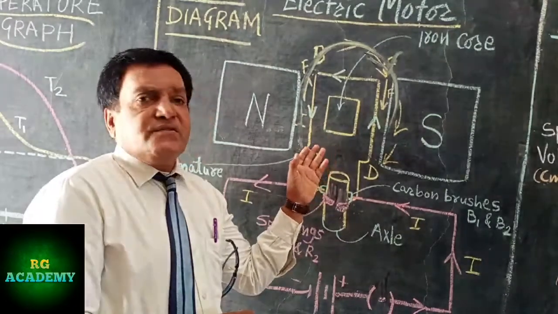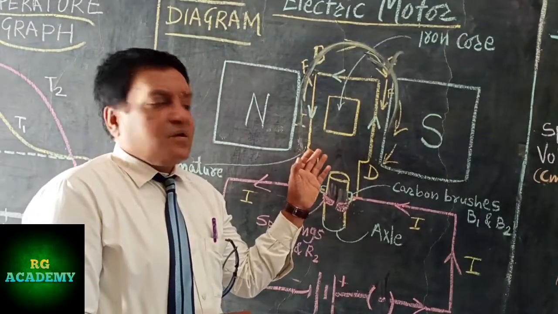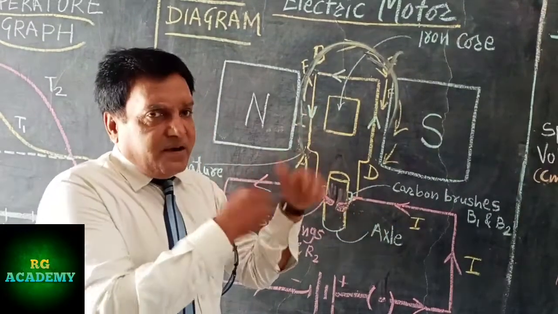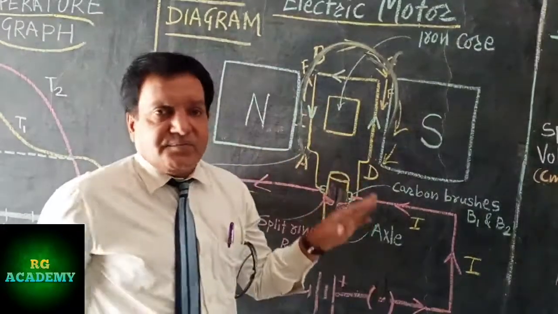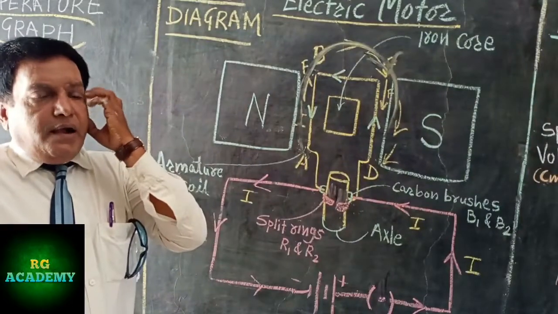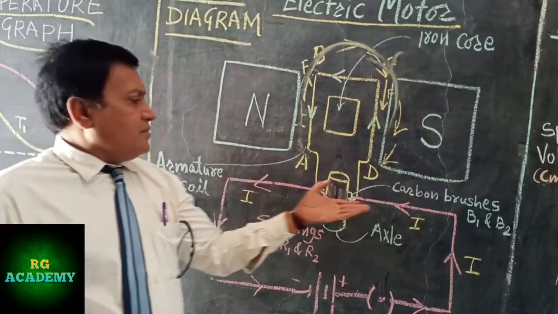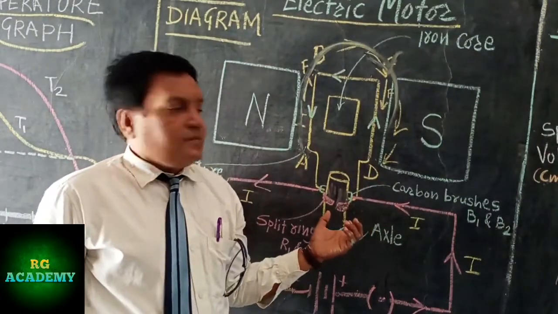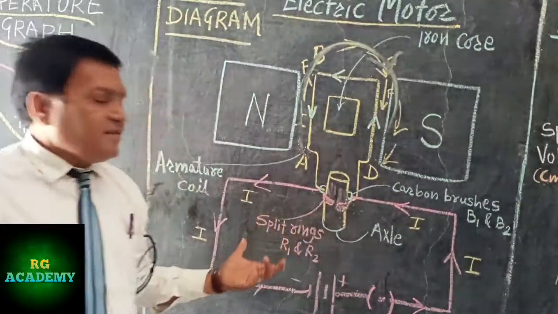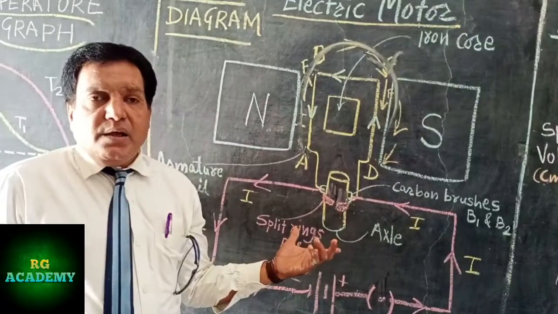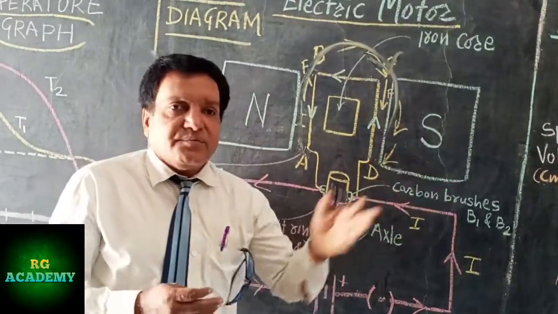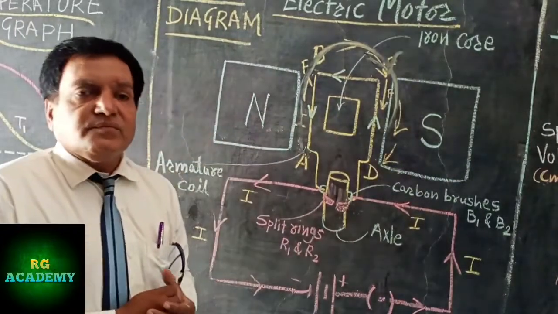Now, the coil is rotating even if the current is not flowing through the commutator split rings and carbon brushes. And again, when the brushes B1 and B2 and split rings R1 and R2 come in contact with each other, current will start flowing, the circuit is closed.